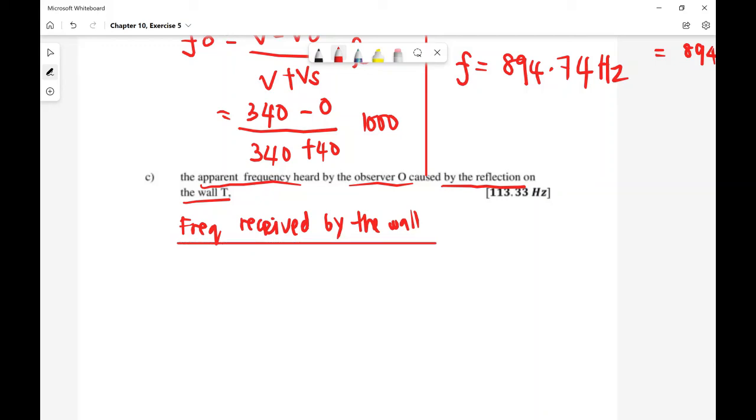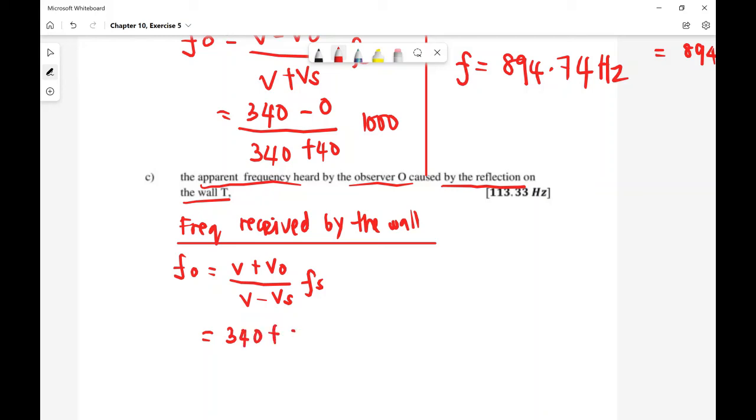Wall ni yang mana source ni tengah moving toward the wall. Jadi kita pakai formula FO equals V plus VO over V minus VS times FS. So substitute semua value, 340 plus VO.